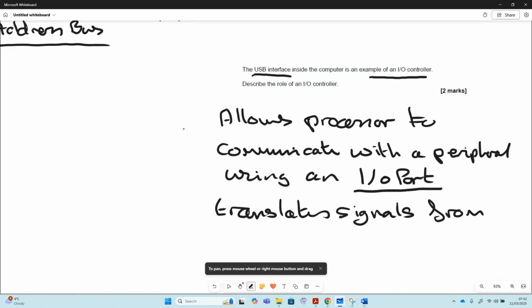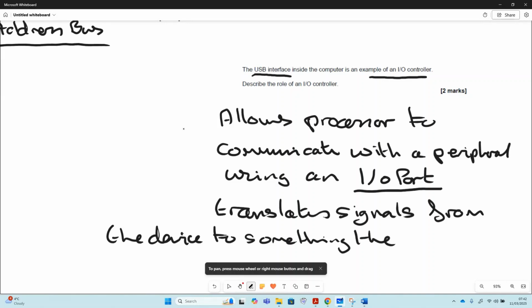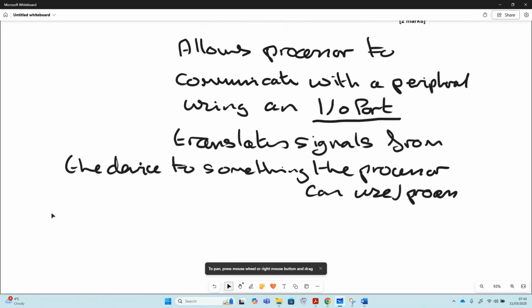So we could say it translates signals from the device to something the processor can process, use, something like that. I don't really like the word understand very much because computers don't really understand anything. They're not sentient at the moment.